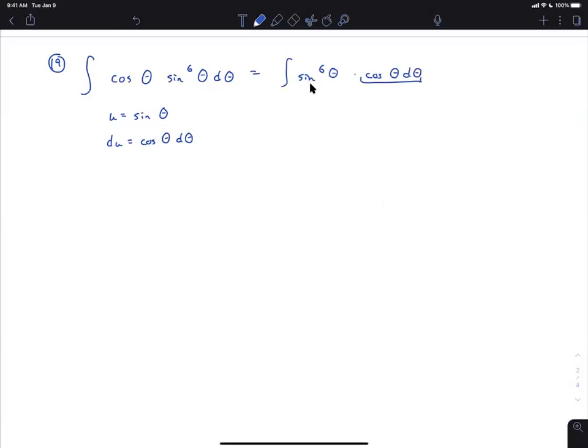And so you don't have to rewrite anything, but normally you'd have some cosines left over that you'd then use the Pythagorean identity to rewrite in terms of sine. So this, though, is now u to the 6th du, which is then 1/7 u to the 7th plus c. And then that's 1/7 sine to the 7th theta plus c. And that'd be the answer.